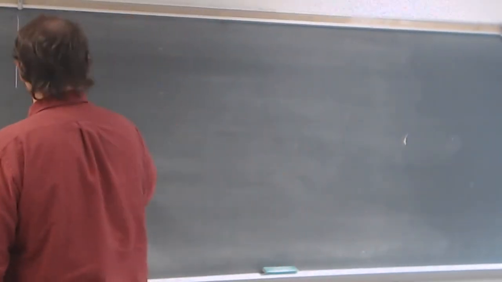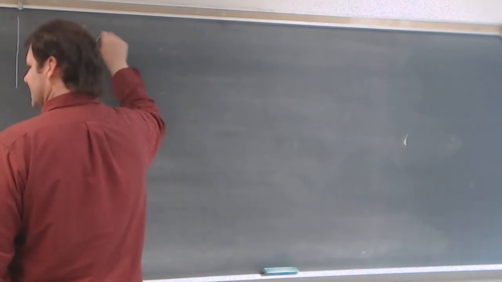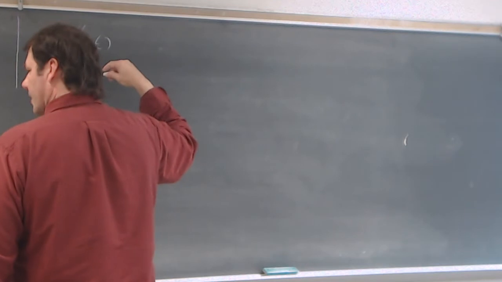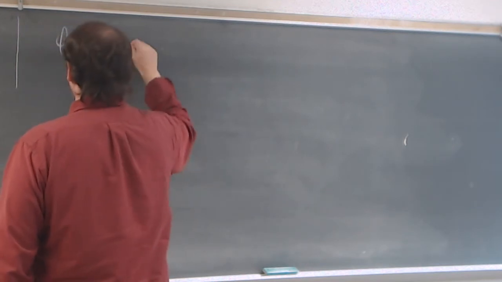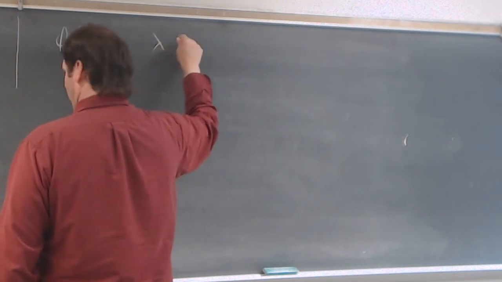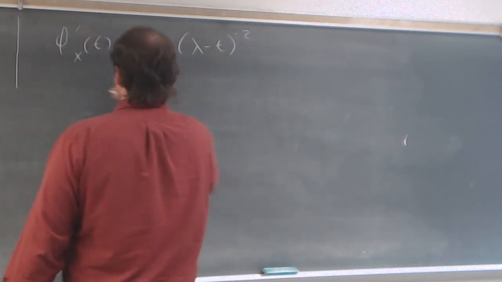And now, if we take the second derivative, so phi double prime of t in this case. Let me just rewrite phi prime for a second in a nice form. So it's lambda times lambda minus t to the minus 2.